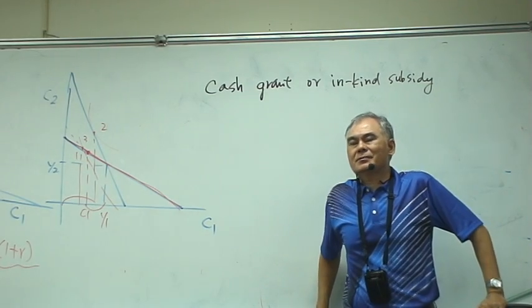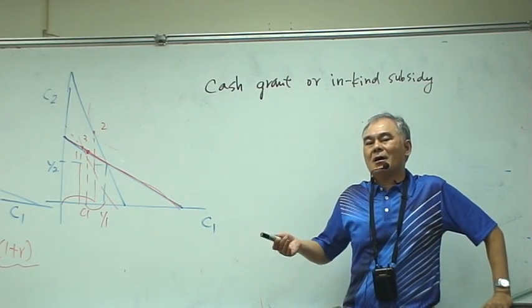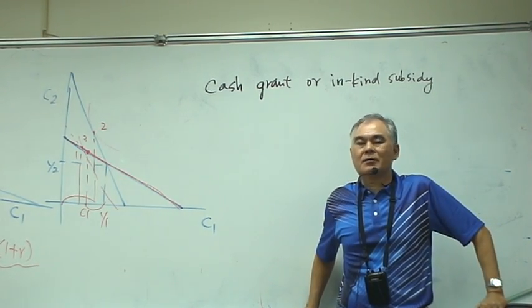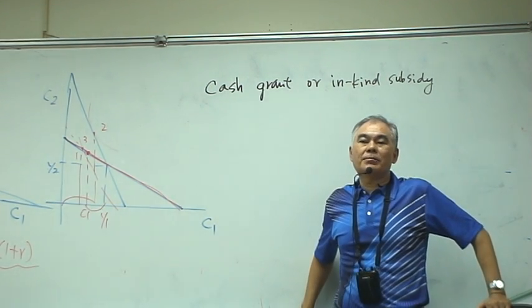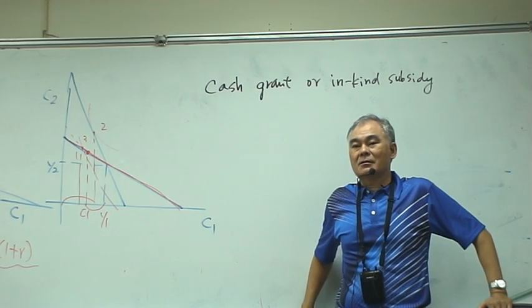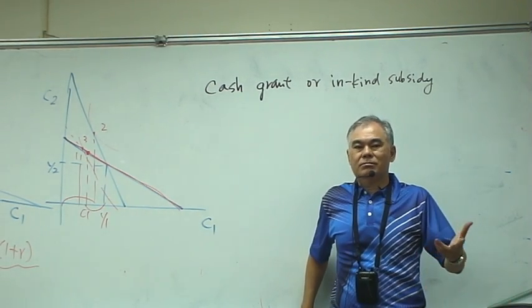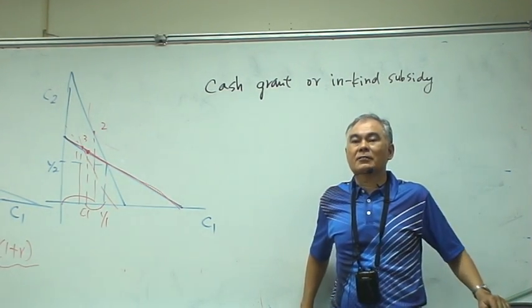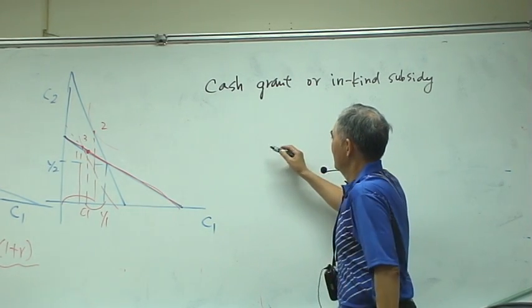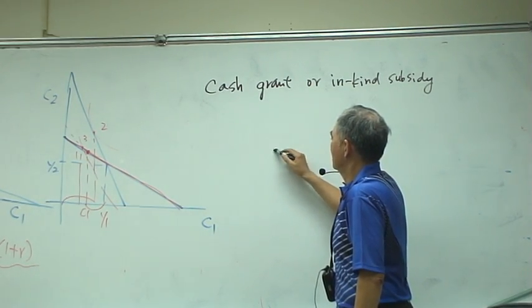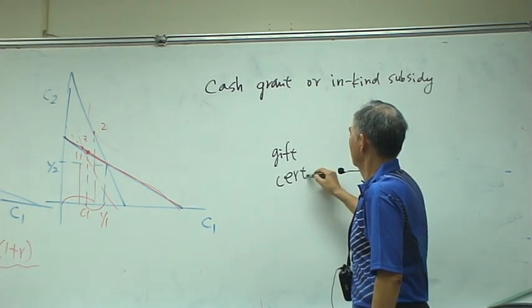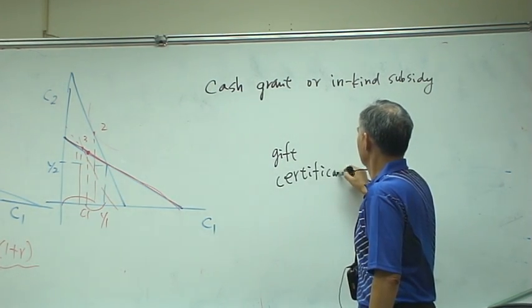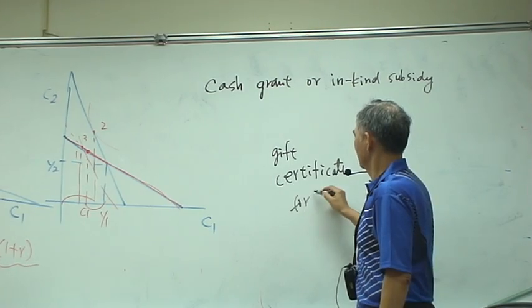But sometimes people use other ways to give you subsidy. For example, let us say you apply for a scholarship, but the scholarship doesn't give you money, but gives you a certificate for books.